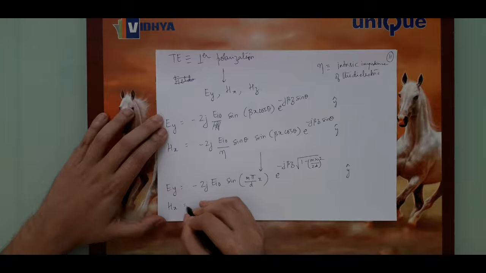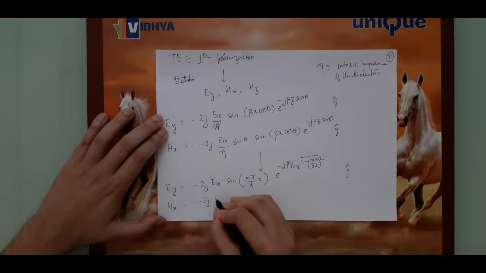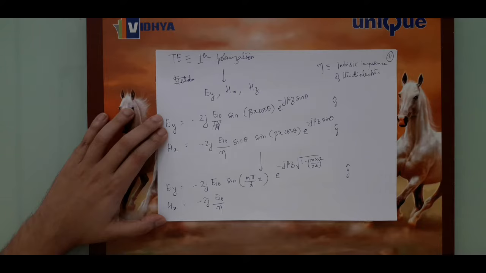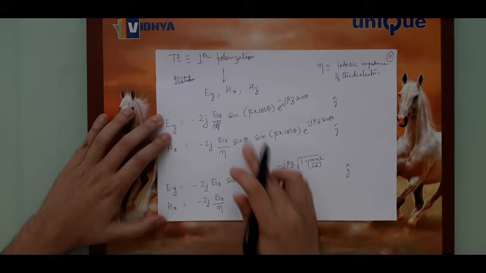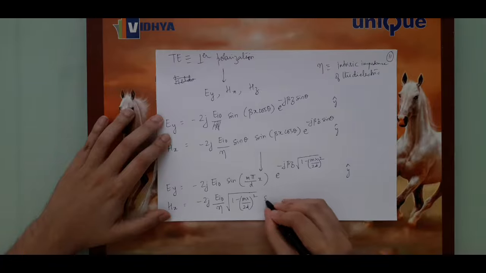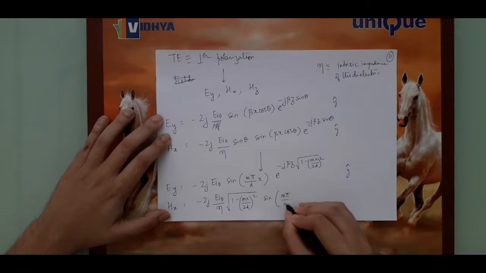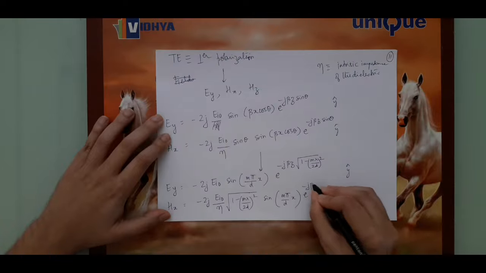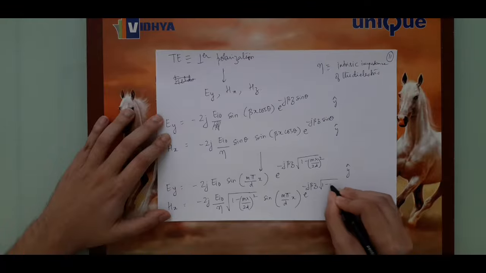So likewise Hx will be what? It will be minus 2j Ei0 by eta. Now sine theta is this, times sine of this quantity, times e raised to minus j beta z, times square root of 1 minus m lambda by 2d the whole square.